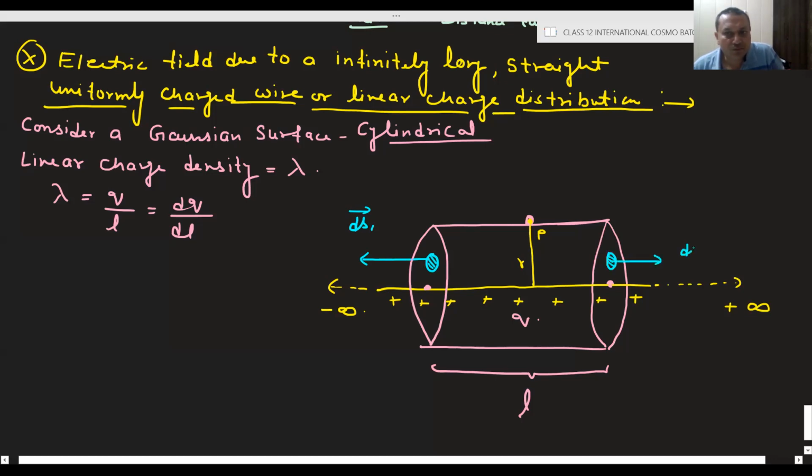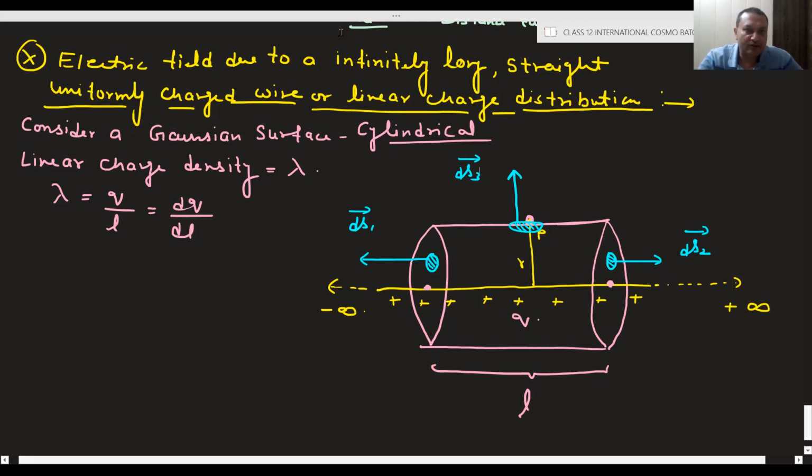This is ds2. And an area vector from the round surface, obviously, it has to be considered. It is ds3. In a sphere, there was only one area, but in this there are three types of area: one at this side, other at this side, and third is round, like this.